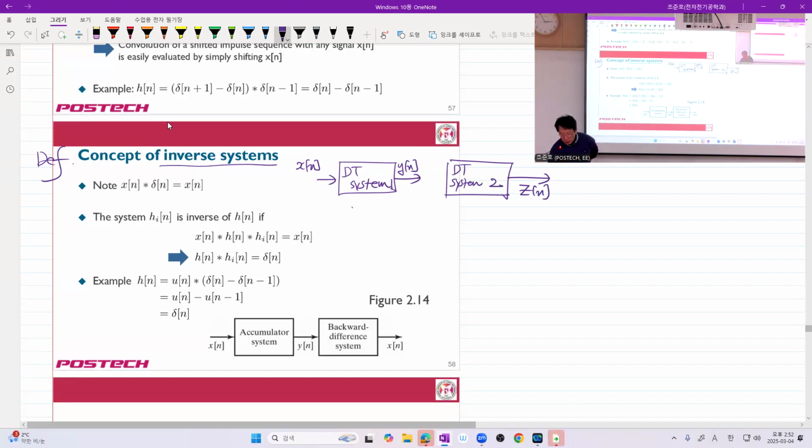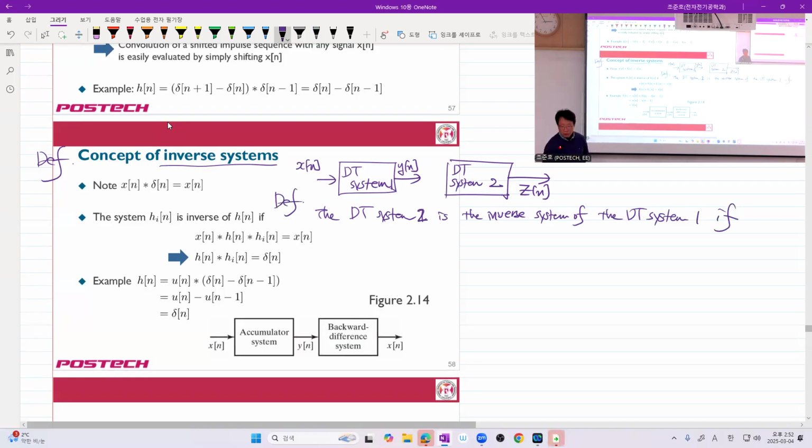And here was the definition. The DT system 1, sorry, this system 2, is the inverse system of the DT system 1 if, so this is the definition, I'd better say W. When you cascade these two, how many ways are there to cascade or serially interconnect these two?